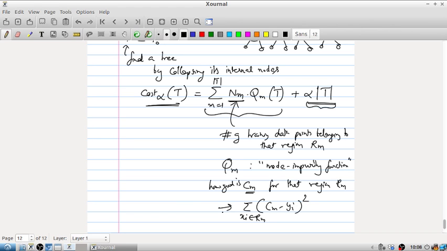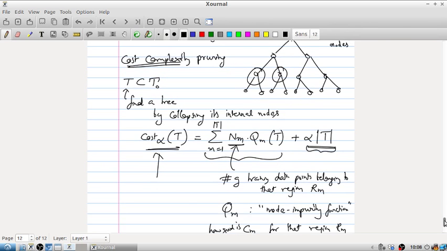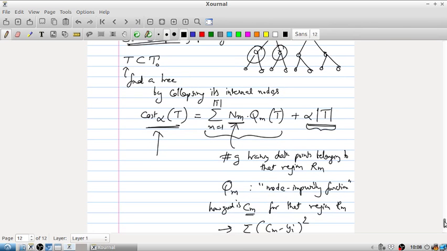All we are trying to say intuitively is that we had a huge tree T naught, and we are looking for subtrees of this tree by collapsing nodes, maybe with a fixed alpha. It's like a penalty between two things. One is how big the tree is.